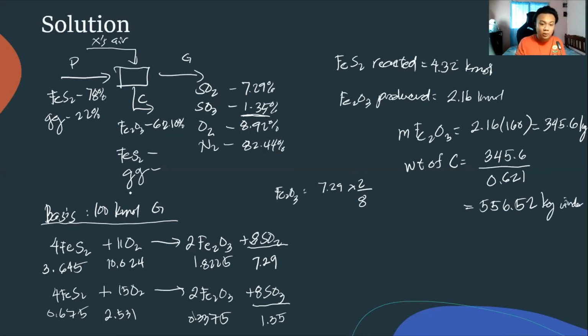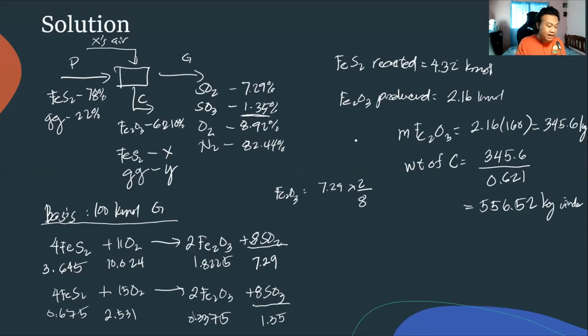Now we have to find the FeS₂ here, di ba? Kaning nawala sa cinder. So let us rename these unknown variables to x and y. So FeS₂, let's name that x, and then your gangue, I just named Gg, gangue will be y in the cinder.